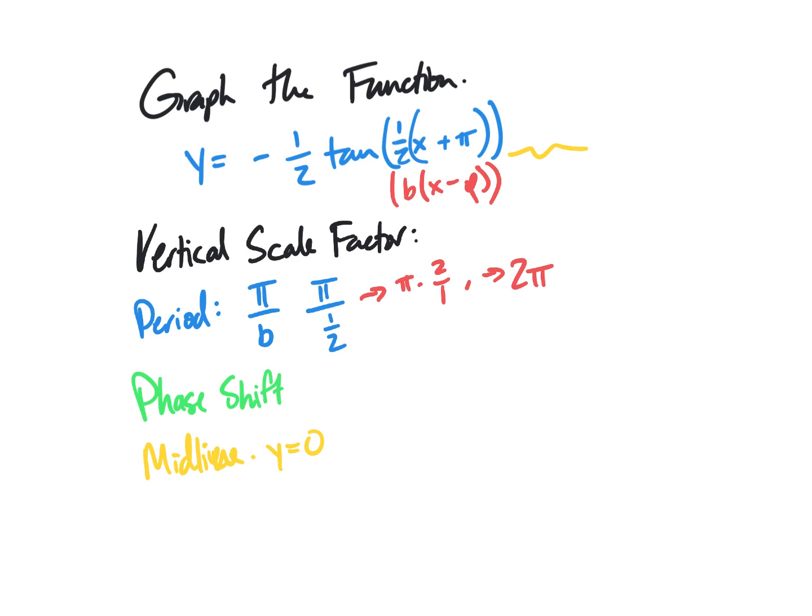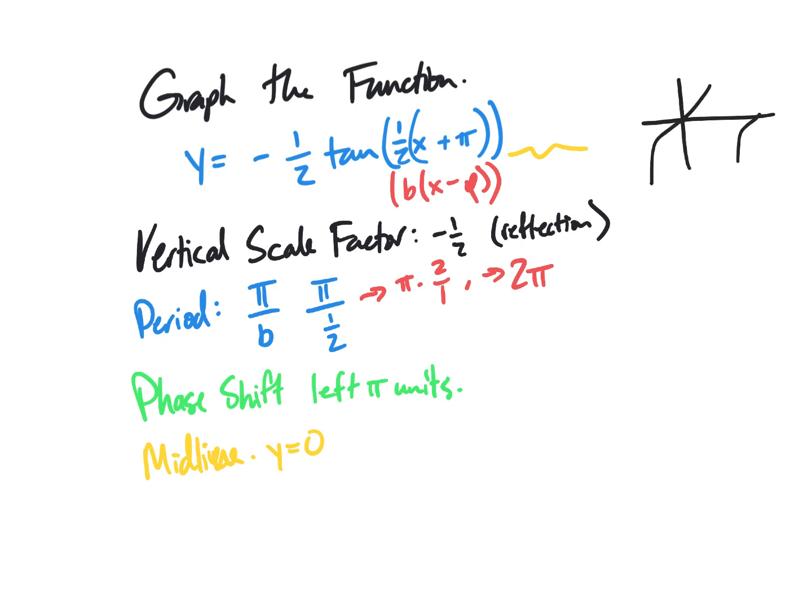The vertical scale factor is -1/2, which means that we have a reflection. And then we have a phase shift of right pi units. Sorry, not right, left pi units. Okay, so normally tangent looks like this. And this is pi.